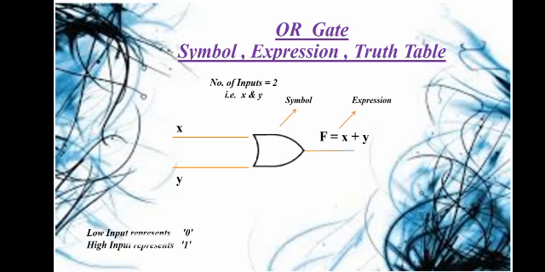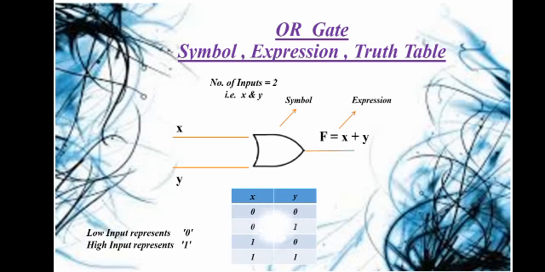Then coming towards the truth table, again two inputs were there, so 2 raised to power 2, 4 combinations. In the first column you will represent 2 zeros and 2 ones, and in the second column of Y there will be the combination 0 1 0 1. In the OR gate, if any of the inputs is high, it will give you output high.